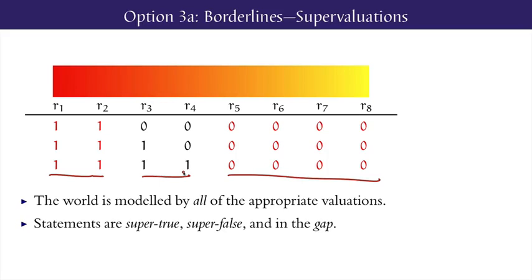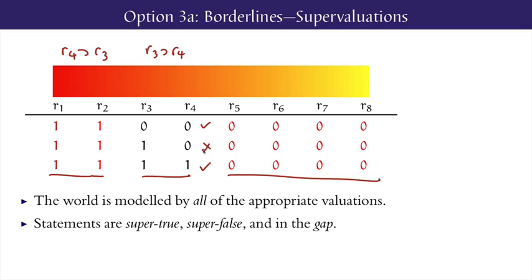Notice that R3 and R4 are both in the gap, but the statement R4 implies R3 is super true. That statement is true in each row. If R4 is true, R3 is true. While R3 implies R4 is itself in the gap, because R3 implies R4 is true in the first row and true in the last row, but false in the middle.